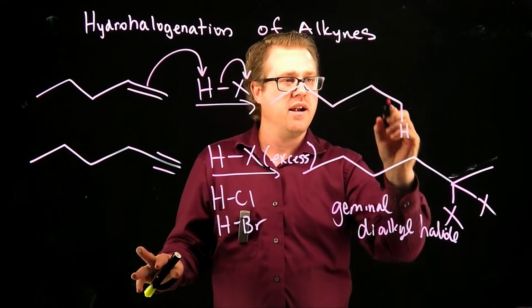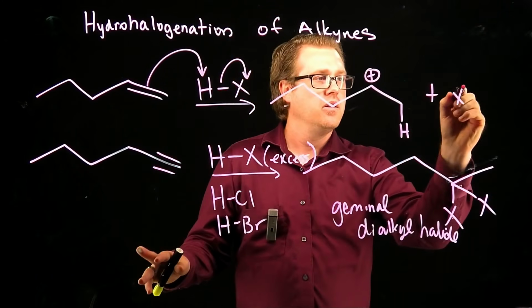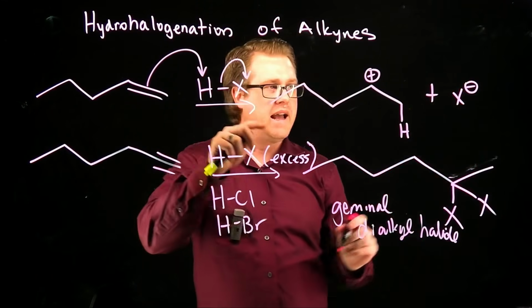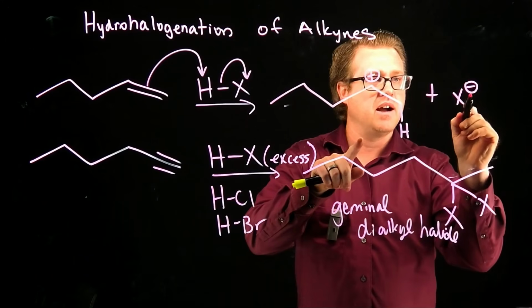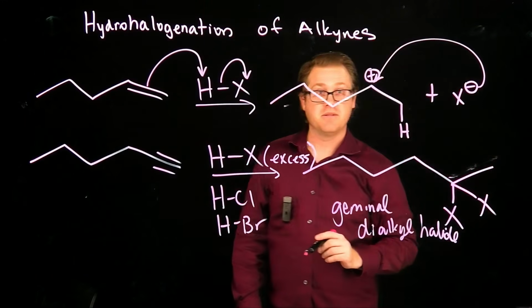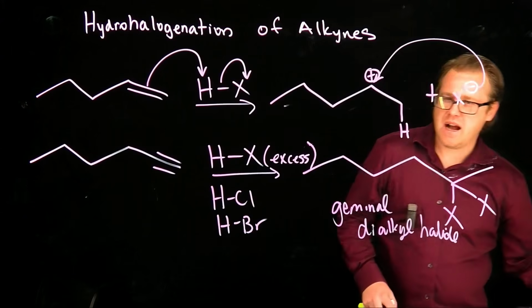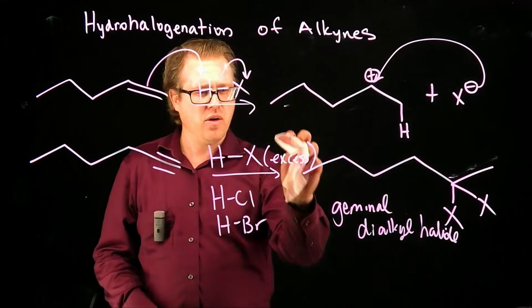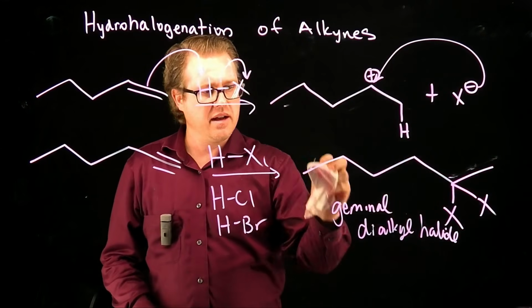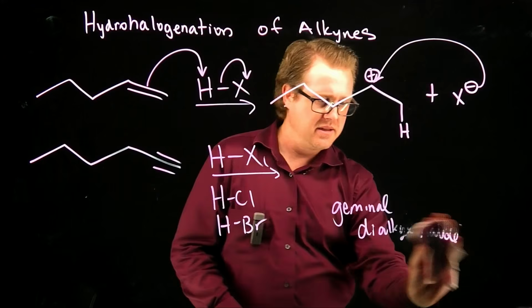Add the hydrogen there and give us a secondary carbocation, which then allows the halogen that just broke off to come in and attack the carbocation to give us our product. Right? Remember that? We invoke kind of the same mechanism when we're dealing with alkynes.